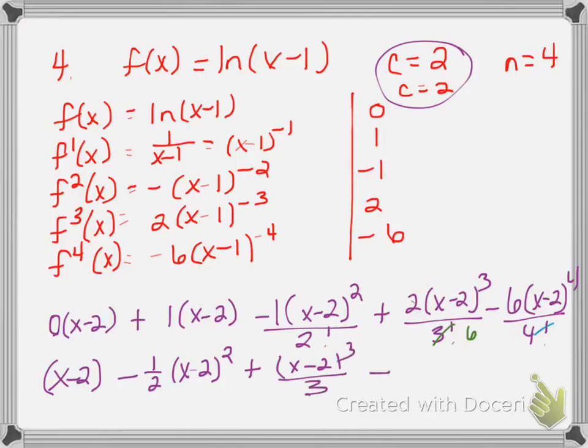Alright, 4 factorial is 24. 6 divided by 24, that's a 4 on the bottom. And see, now I see a pattern. So if I wanted the 5th or the 6th, n equals 5 or 6, it would be easy to find that because I would just do the same pattern that you see.